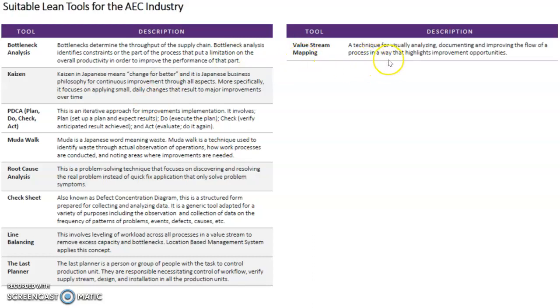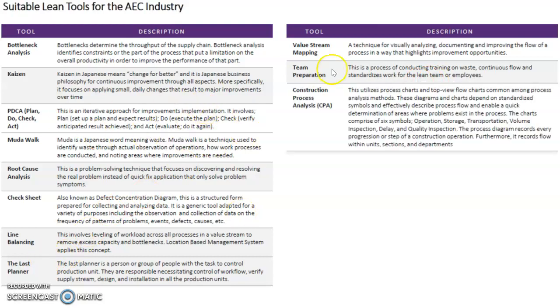It is a technique for visually analyzing, documenting, and improving the flow of a process in a way that highlights improvement opportunities. Team preparation. This is a process of conducting training on waste, continuous flow, and standardized work for the Lean team or employees.